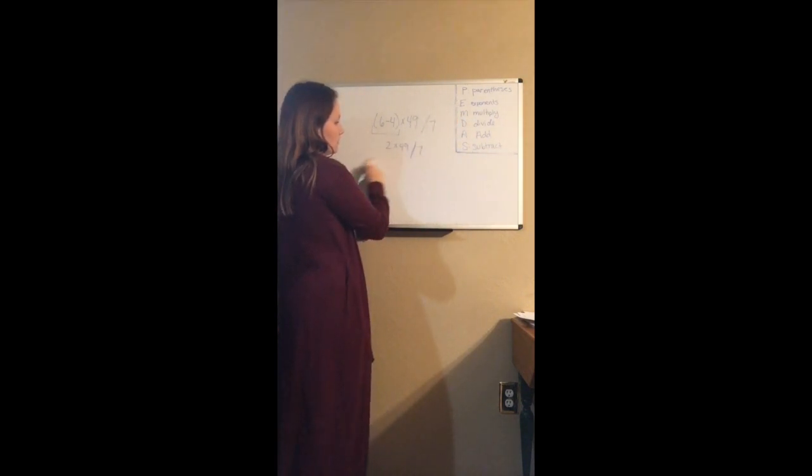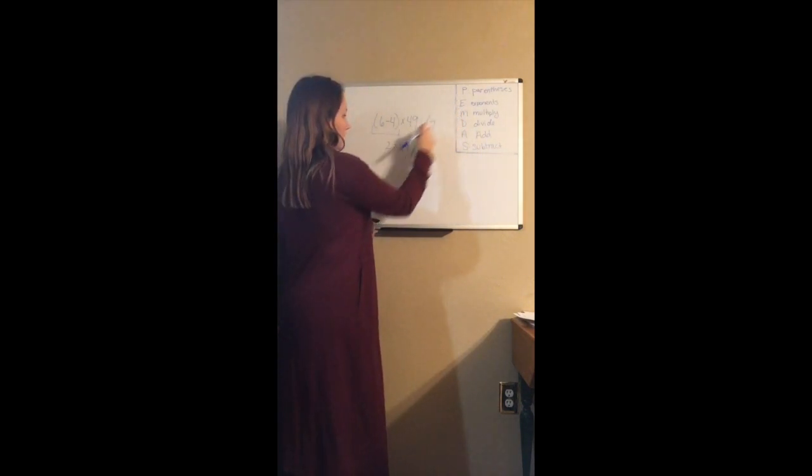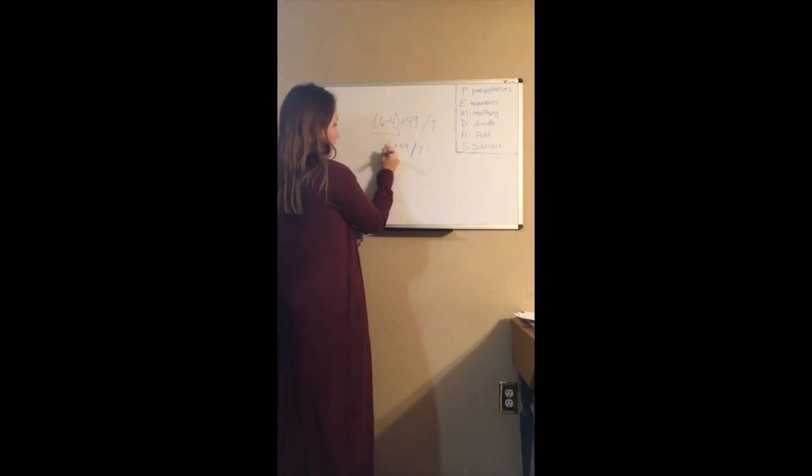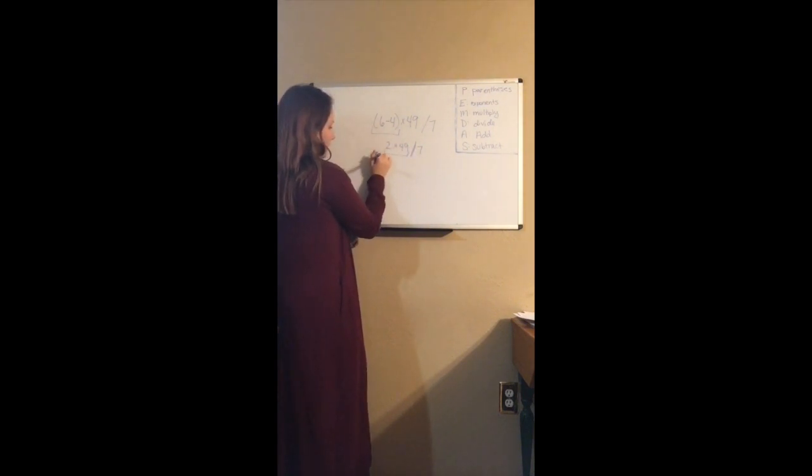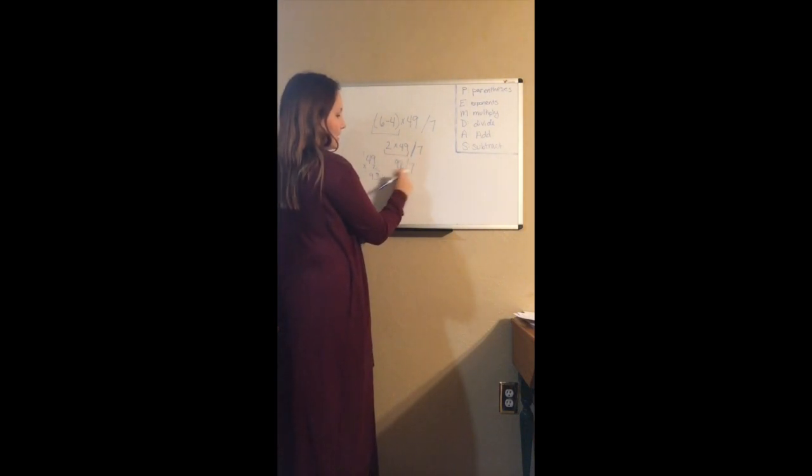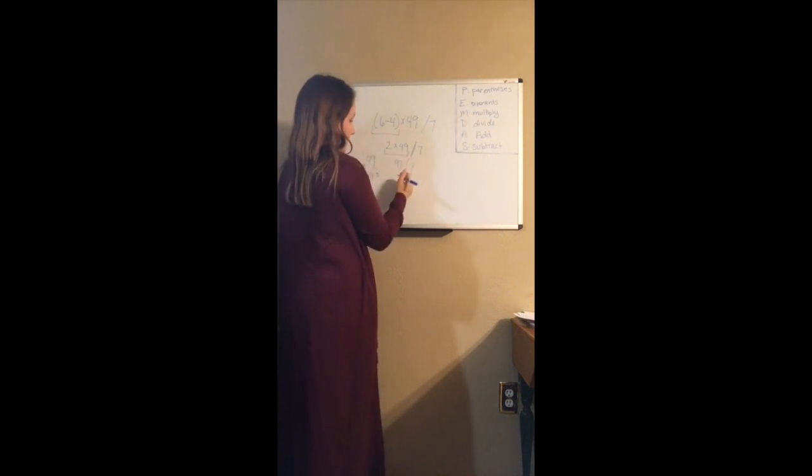So exponents, no exponents. Multiplication, well, we have multiplication right here. So we have 49 times 2 will give me 98. So 98 over 7. So 98 divided by 7. So that's my next step.